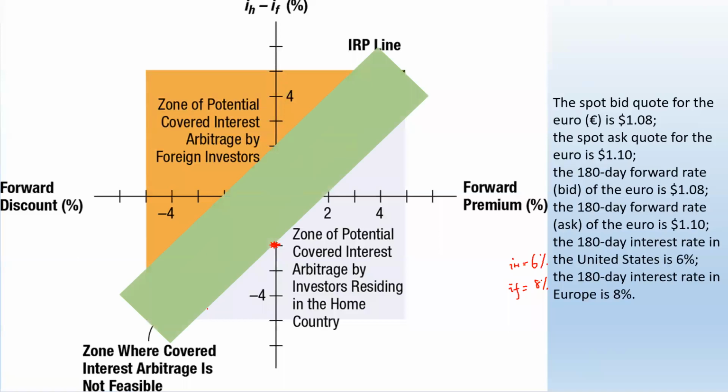So we found that with this transaction cost, the IRP line becomes an area instead of a line. All dots within this area indicate that covered interest arbitrage is infeasible.